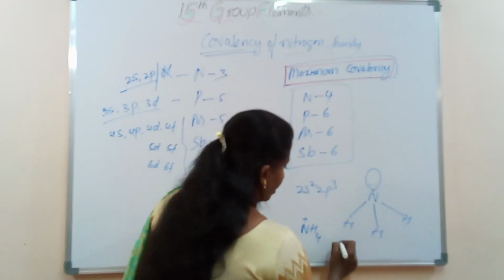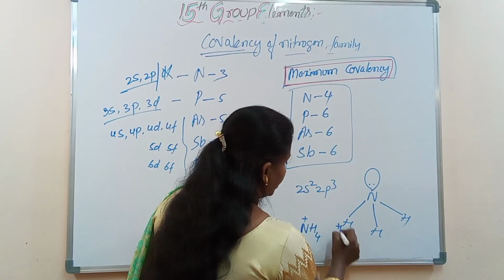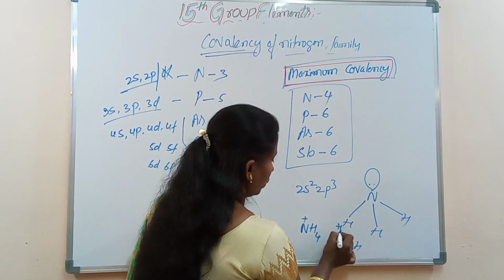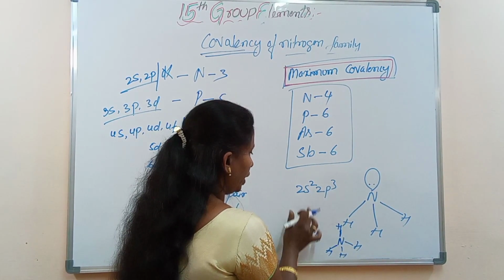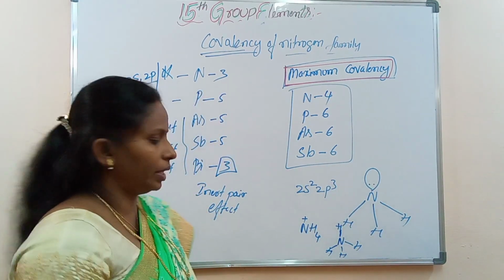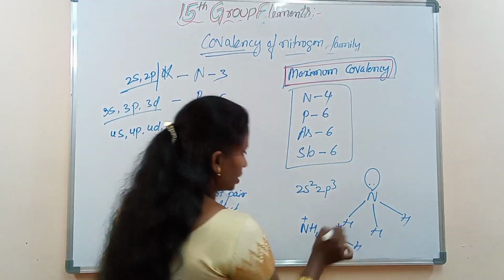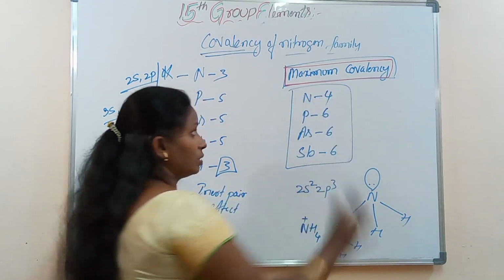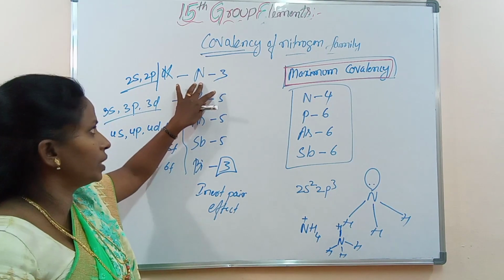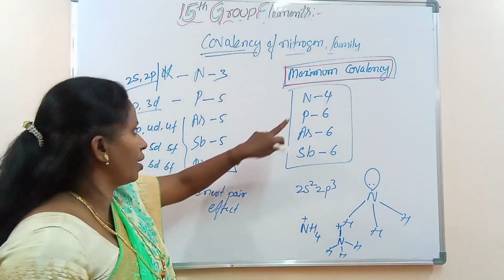So by donating a pair of electrons, it can form a maximum of 4 bonds. The maximum covalency is 4, but the covalency of nitrogen in general is 3.